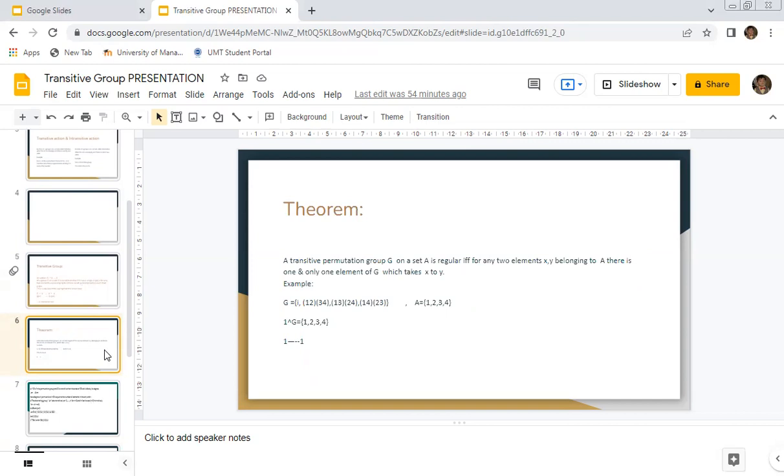For example, we have a permutation group G and a set A. If you find one orbit of G, this is also equal to the set A. It means that if there is a one-to-one correspondence between the permutation group and the set A, then the transitive permutation group on a set A is regular if and only if for every two elements x, y belonging to A, there is only one element.